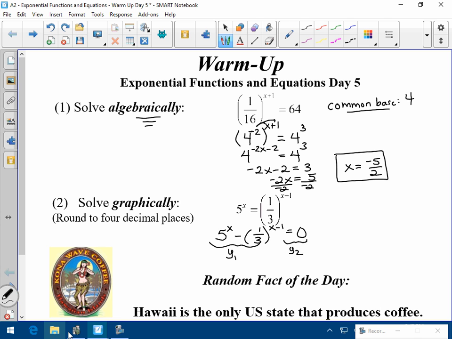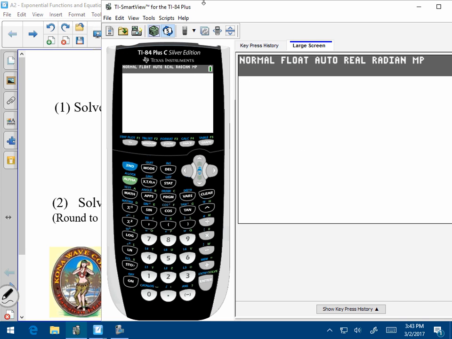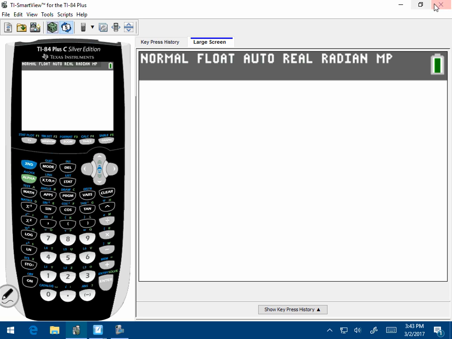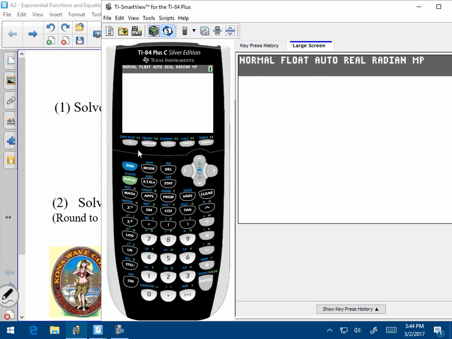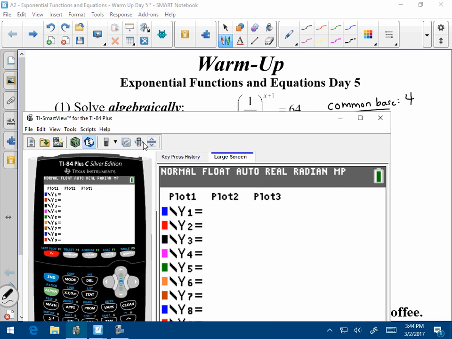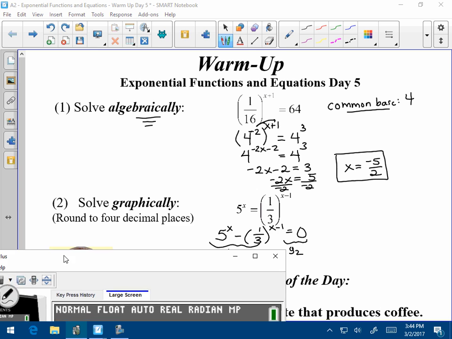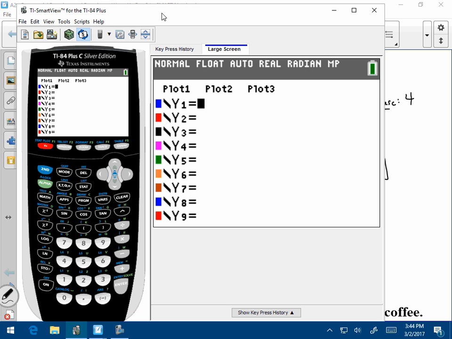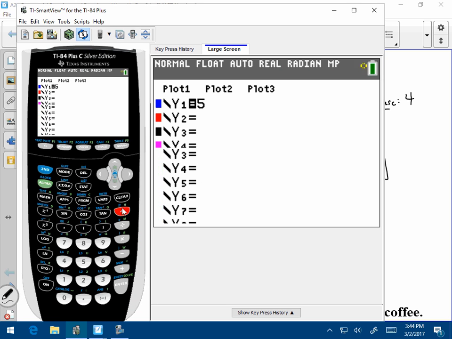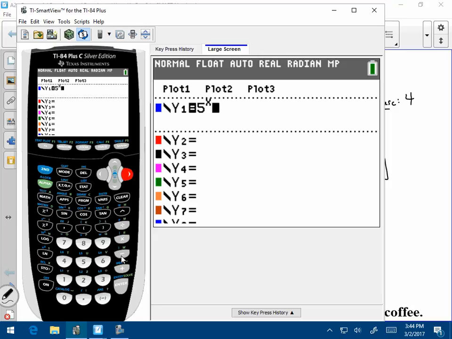I actually do have a calculator today, so I can do that. So we're plugging in y equals, that left side was 5 to the x minus 1/3 to the x minus 1. So 5 raised to the x minus, in parentheses, 1/3 raised to the x minus 1.